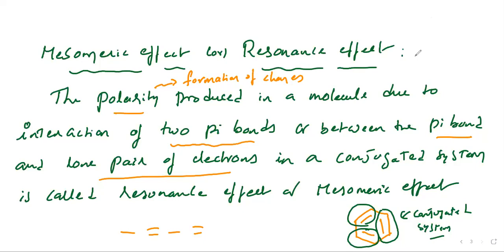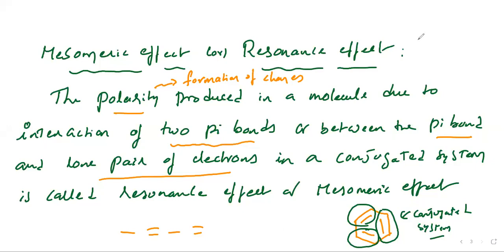Negative resonance effect and positive resonance effect. Understood? Benzene is one example. Benzene and 1,3-butadiene are examples of conjugated systems, with alternate single and double bonds. Understood?